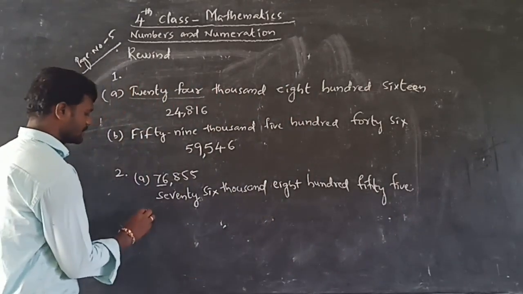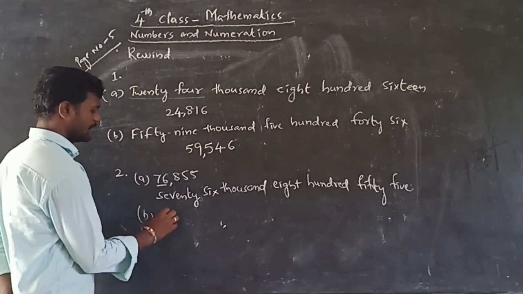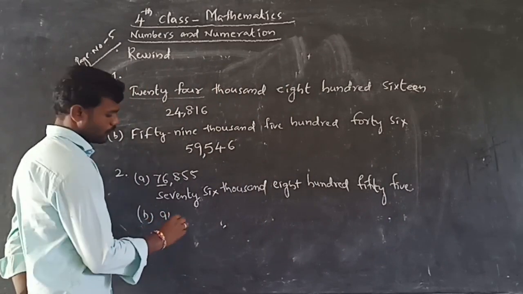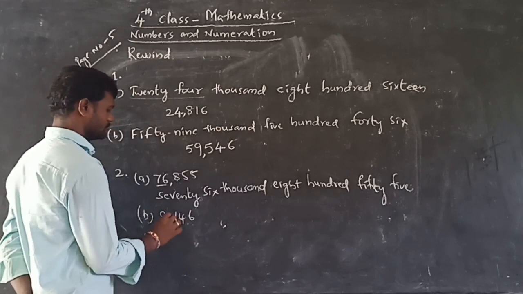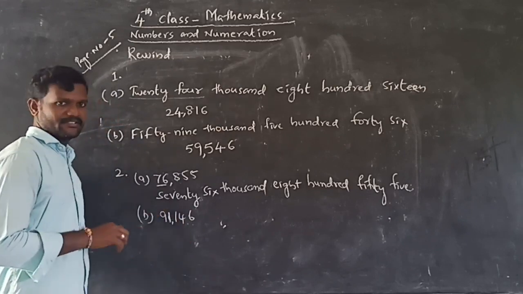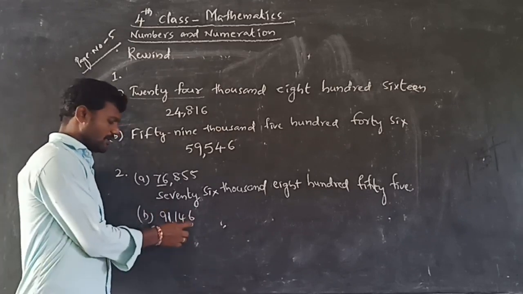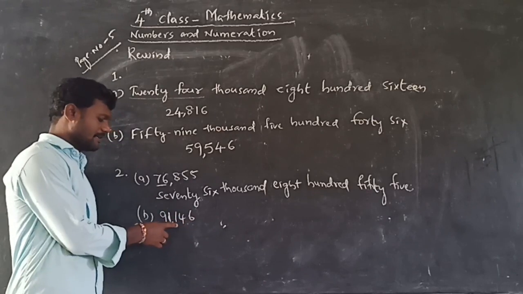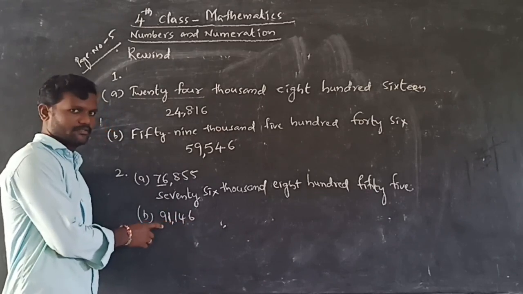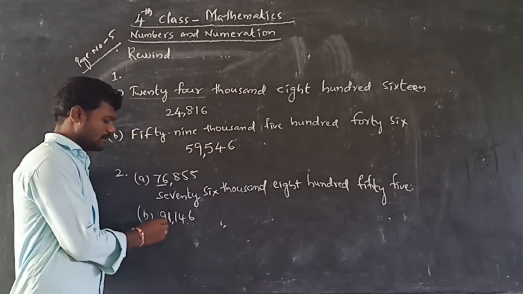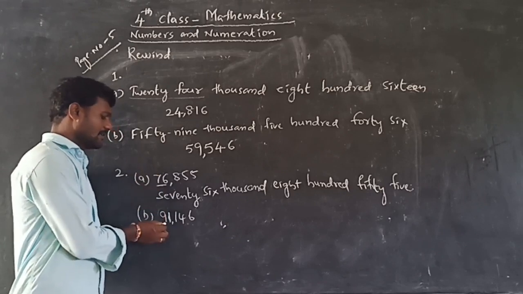Next, in this B is there. What is that B? 91,146. What is it? First you read it. Ones, tens, hundreds, thousands, 10,000s. Okay, to this thousands only you have to read what? 91.